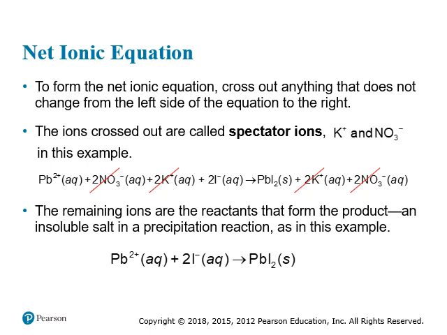If they were to combine, they would form potassium nitrate, which is soluble in water, which would just break apart. So it's found in aqueous solution. So they exist before the reaction takes place in the same form that they exist after the reaction takes place. So they technically do not participate in the reaction. They're kind of sitting on the sidelines. It's for this reason that we refer to these types of ions as spectator ions.